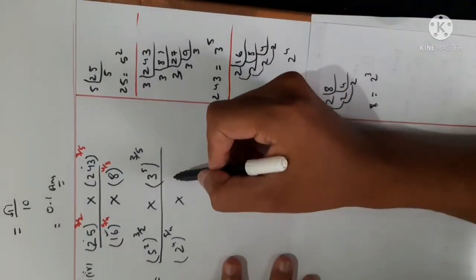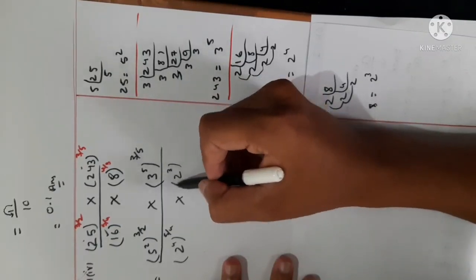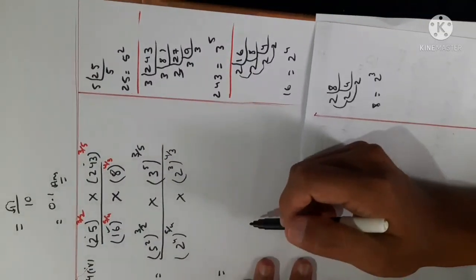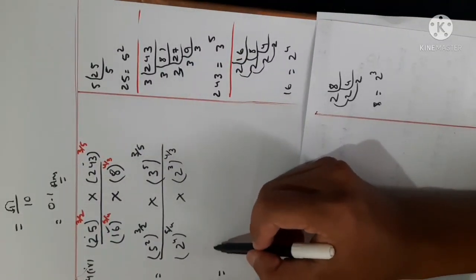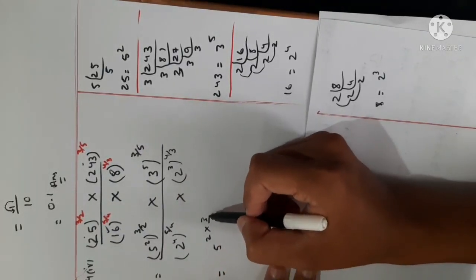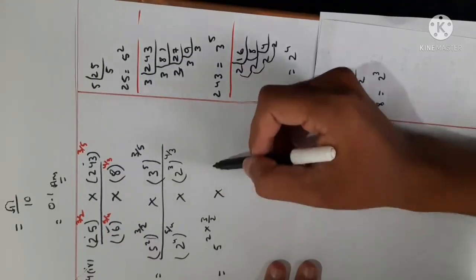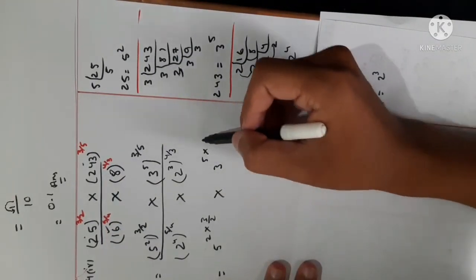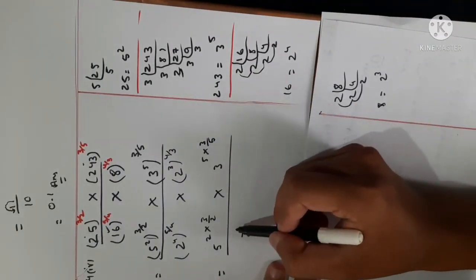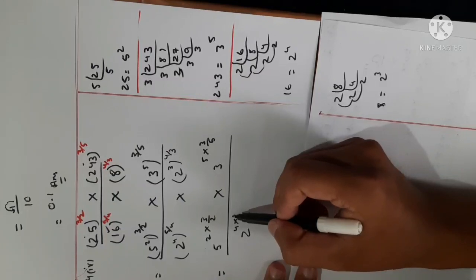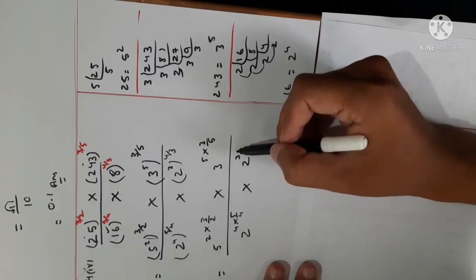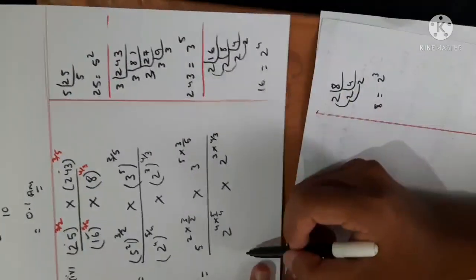2 cube raised to the power 4 by 3. Then we open up all these brackets. We multiply the exponents: 2 times 3 by 2, 5 times 3 by 5, 4 times 5 by 4, and 3 times 4 by 3.